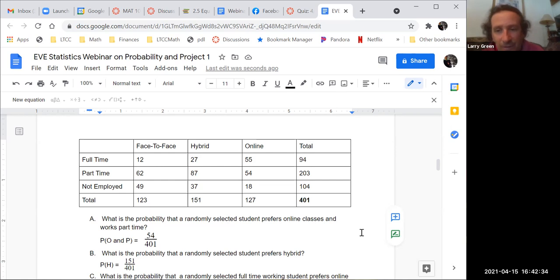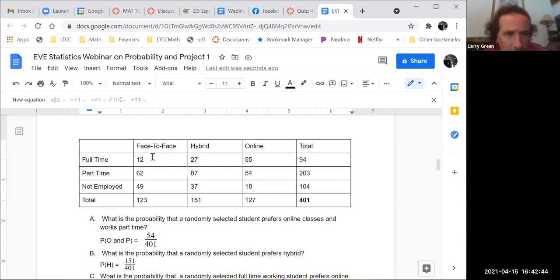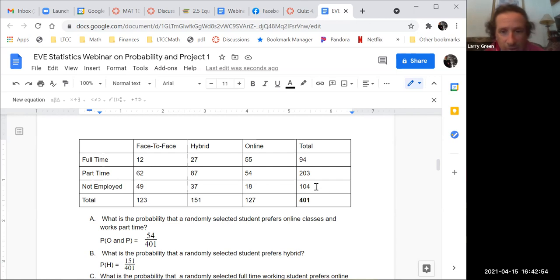And that's supposed to be pretty easy. 123 over 401. 123 would be not liking face to face. 104 over 401, because the not employed total is 104.